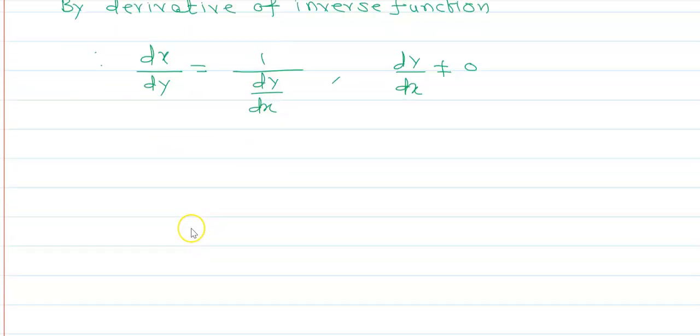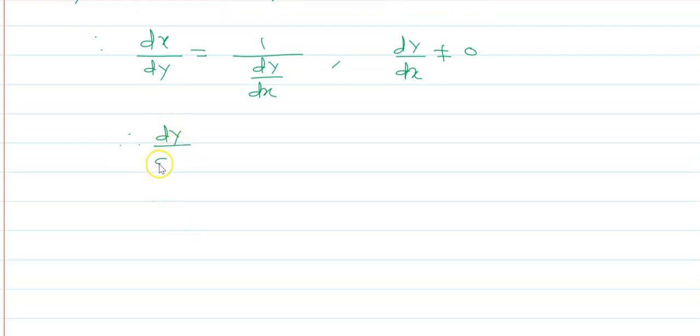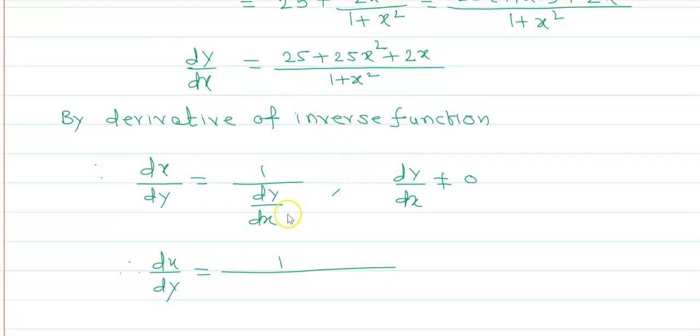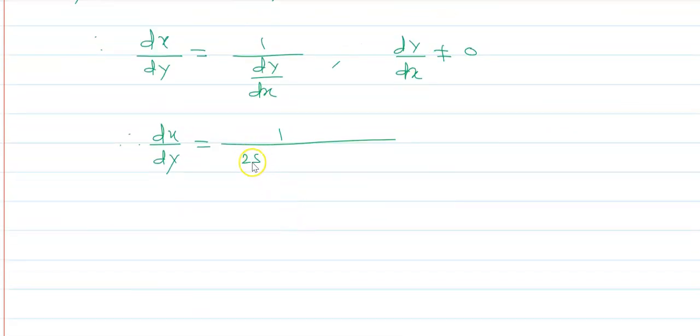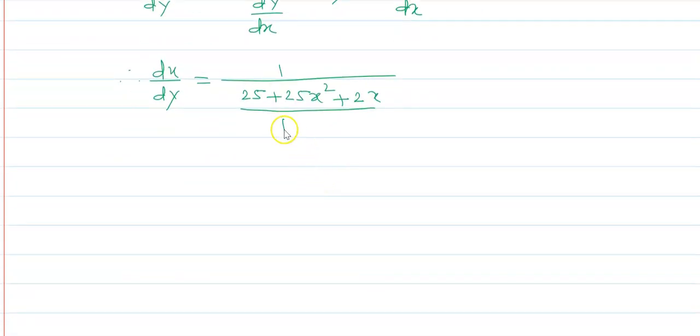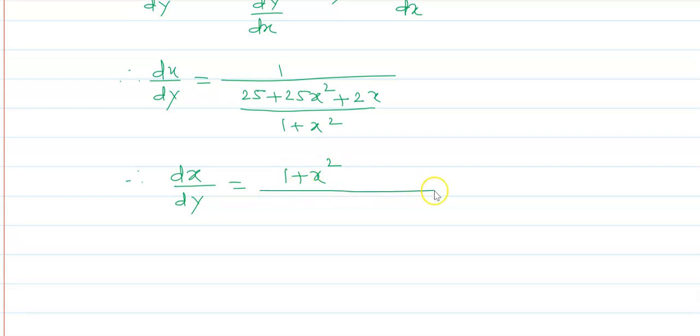Now substitute the value of dy by dx, and therefore dx upon dy is equal to 1 upon (25 plus 25x square plus 2x) upon (1 plus x square), and hence dx upon dy is equal to 1 plus x square upon 25 plus 25x square plus 2x.